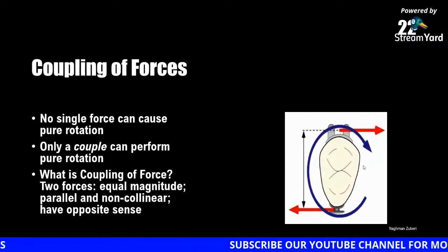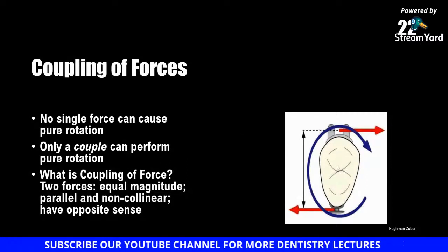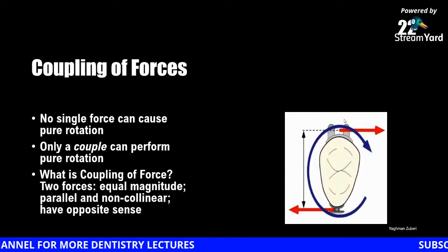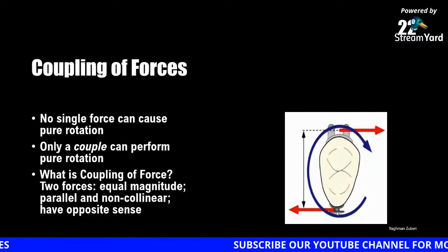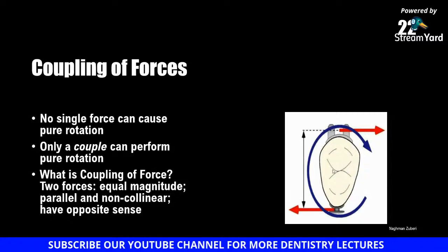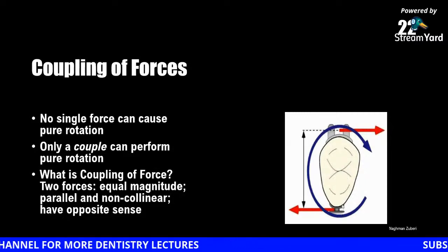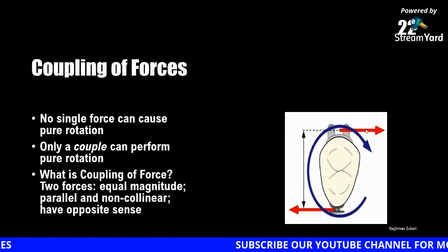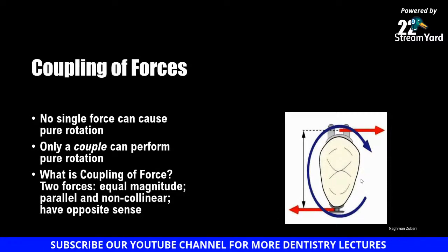So the same phenomenon: there is a pivotal point over here, or the point of rotation, and two forces are applied, which would have equal magnitude. They would be at an equal distance from the center of rotation, and they should be parallel to each other, but they should not be collinear, and they should have opposite sense.